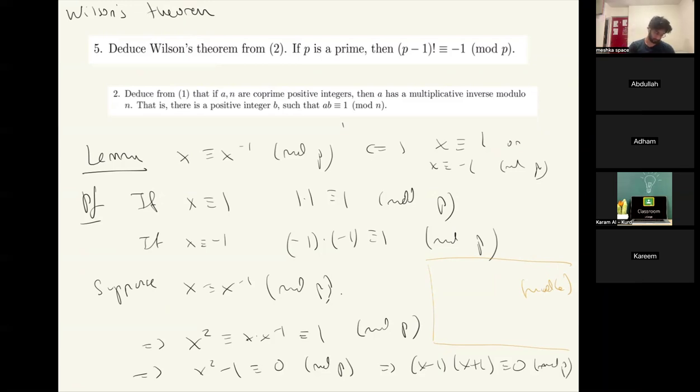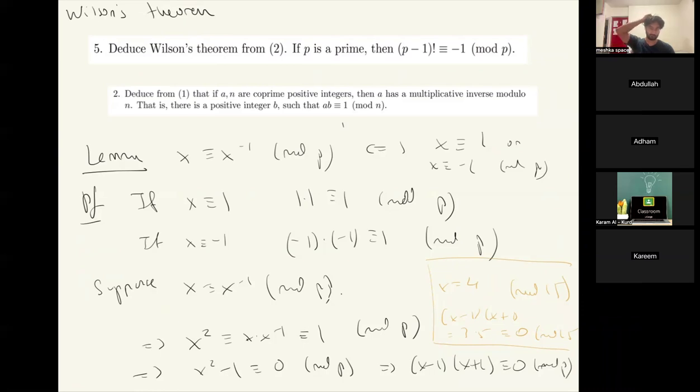Let me do mod 15, and take x is 4. Then x minus 1 times x plus 1 is 3 times 5, which is 0 mod 15. You see, you really need p to be prime here.